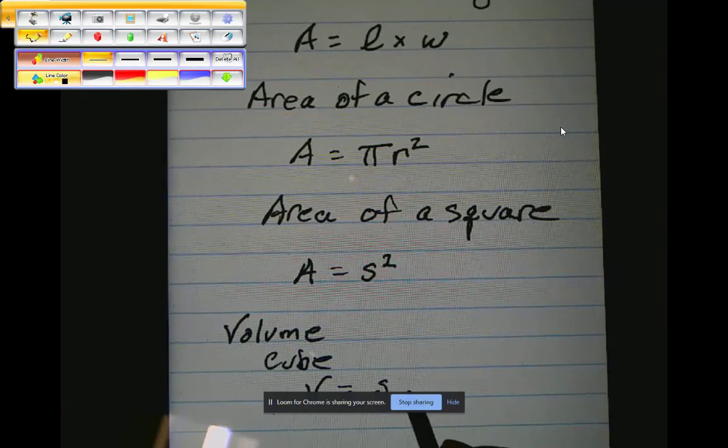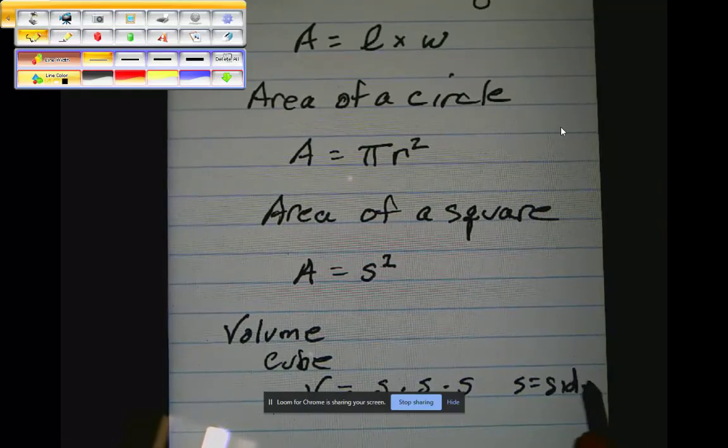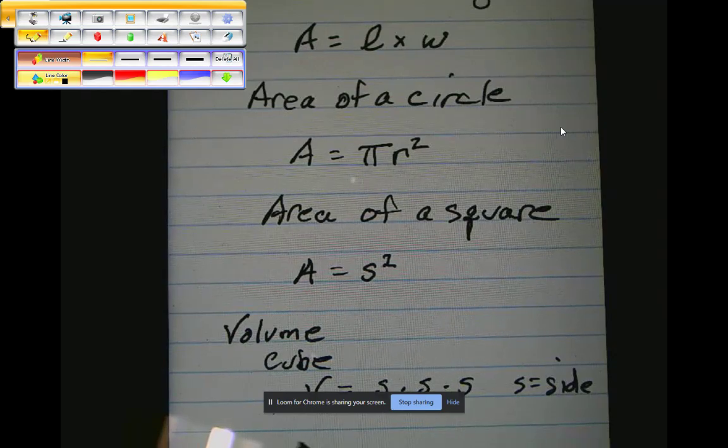All right, so it's side times side times side, or edge times edge times edge. And when we think about this, S equals side.